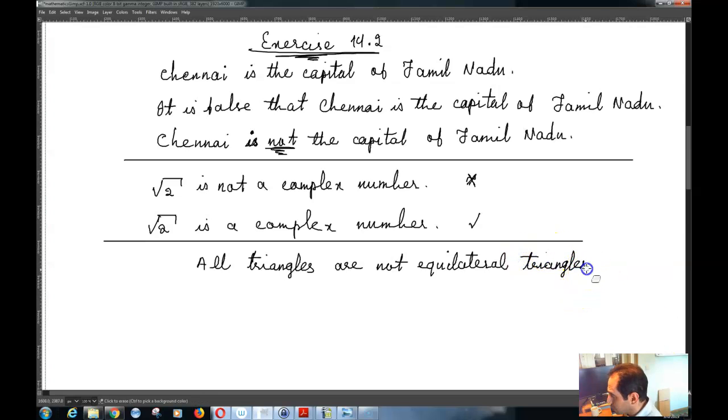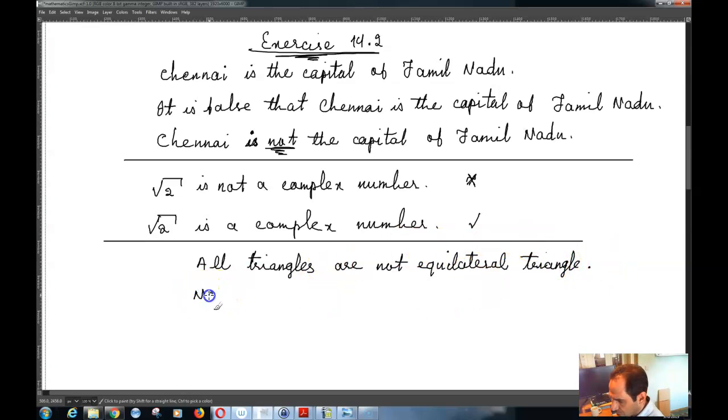It's written this way, all triangles are not equilateral triangles, which is not the best way of writing this statement. So what this statement actually means, if you were to rewrite it, is that not all triangles are equilateral triangles.